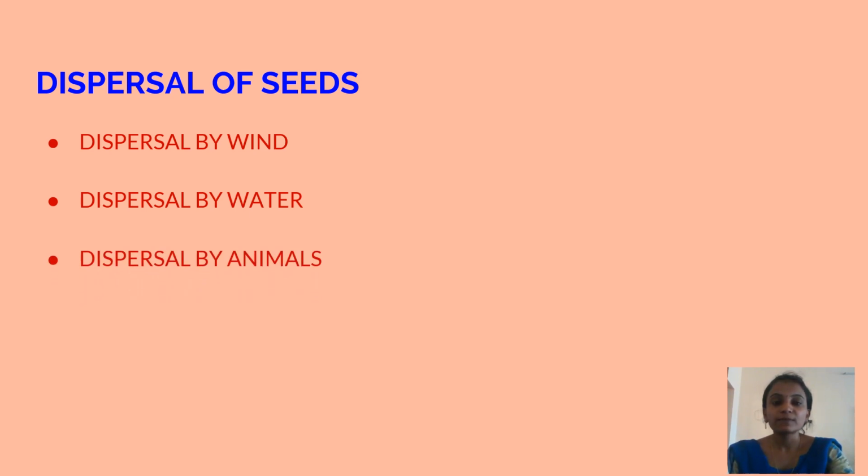Seeds move from one place to another by using these agents: wind, water, animals and explosion.